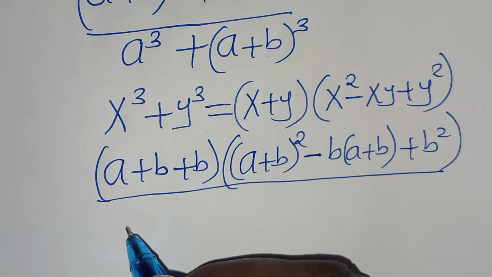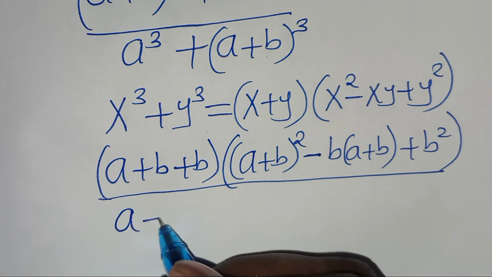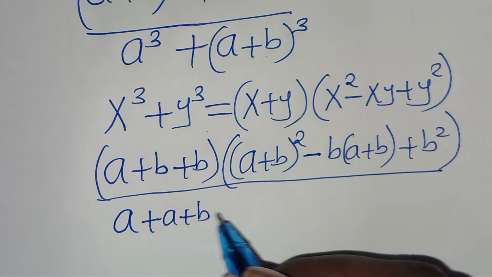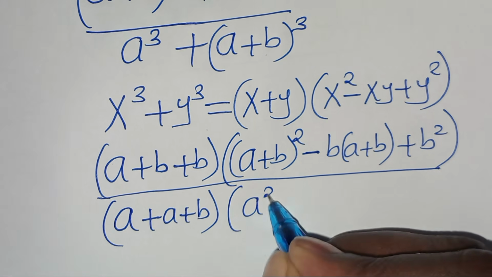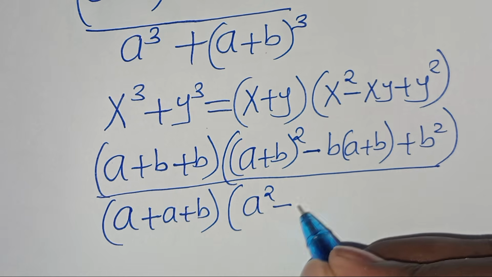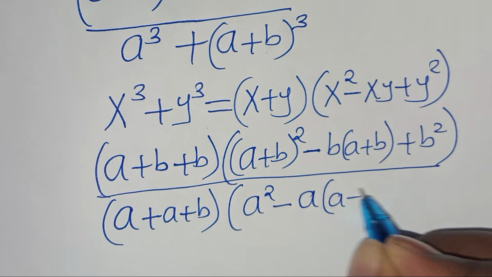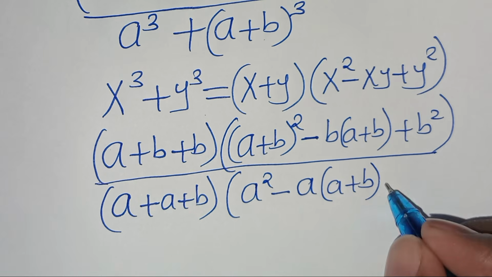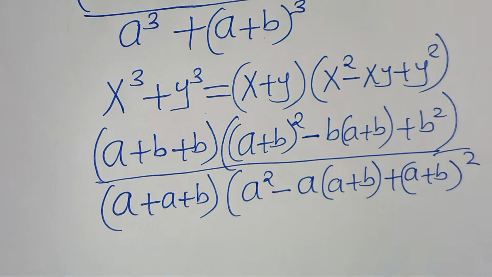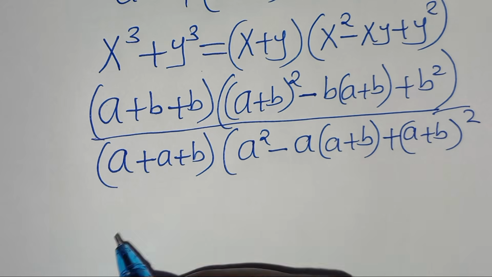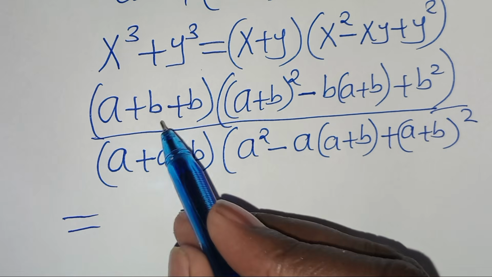So this is the same thing as (a plus b), times a to the power of 2, then minus a times (a plus b), then plus (a plus b) to the power of 2.